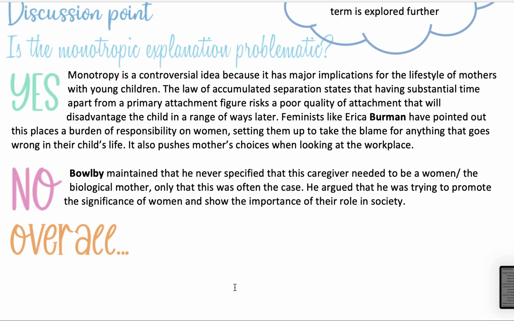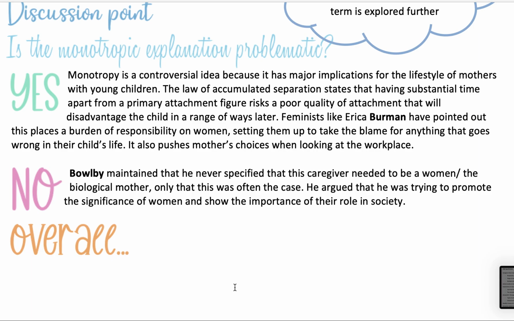Is the monotropic explanation problematic? So Erica Burman, it places too much pressure on women. If the burden of responsibility is on them, it suggests that if the primary caregiver goes back to work before the critical period is complete, then that could lead to developmental issues with their child and with their quality of future attachments.